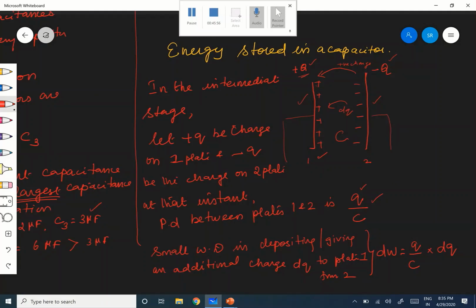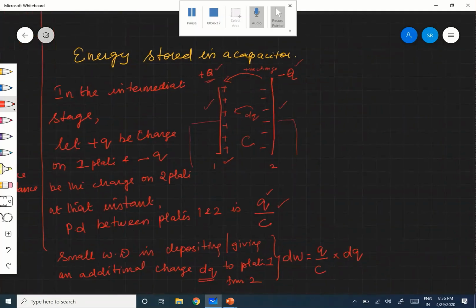Here the charge is dq, because only a small dq am I depositing now. At that instant I am taking dq from 2 and depositing it on 1. That is the work done.